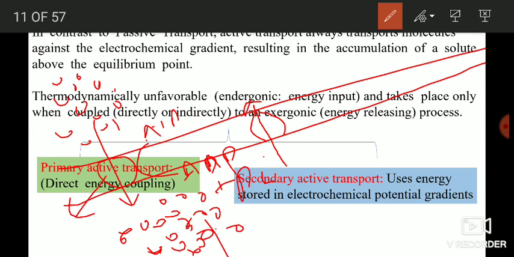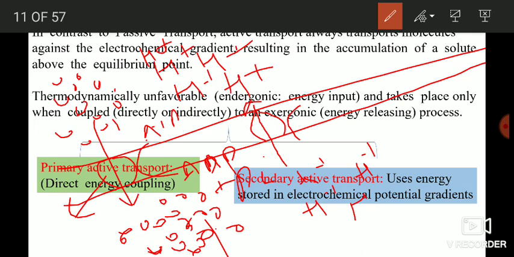The function of this H positive ATPase pump is it moves H positive ions from the inner side of the cell to the outer side of the cell, and obviously the outer side of the cell contains a higher concentration of H positive ions as compared to the inner side, and this results in the creation of an electrochemical potential gradient, or you can say proton motive force. Okay, this proton motive force stores energy.